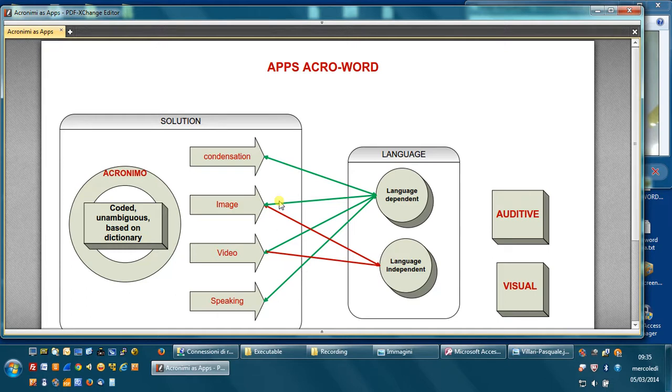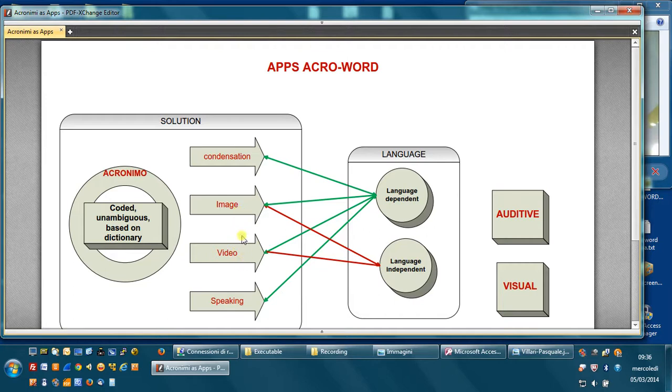If instead there is a phrase or word written inside the image, in that case it becomes language dependent. You can imagine an image of a signal, and inside it is written a word to indicate the kind of signal. So in that case the image is not only language independent.